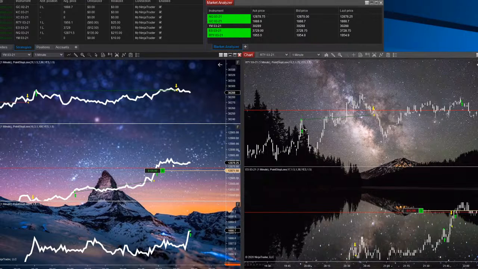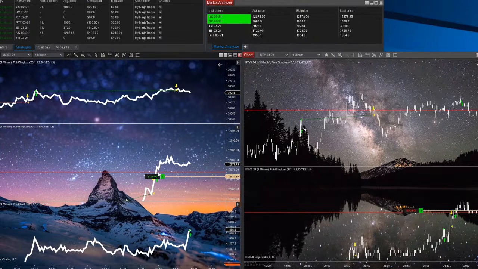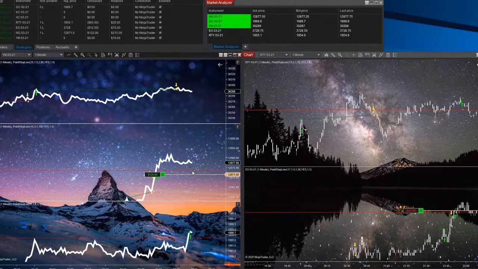Like right now, I could exit NQ for $135 guaranteed. If it moves down to this red line, I'll be taken out and I'll make $40 less, but it could turn around and shoot even higher. So you never know. I like to let the strategy do its own thing.